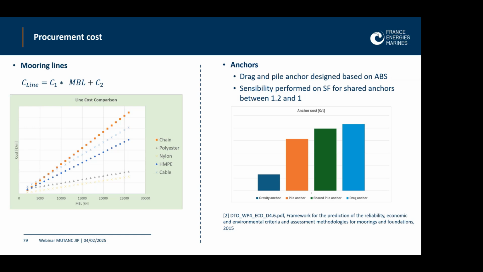As there are no real norms for preliminary design of shared anchors, we use the same design as for non-shared anchors, and we added a safety factor of 1.2 for the shared anchor to consider the higher difficulty of shared anchor procurement.